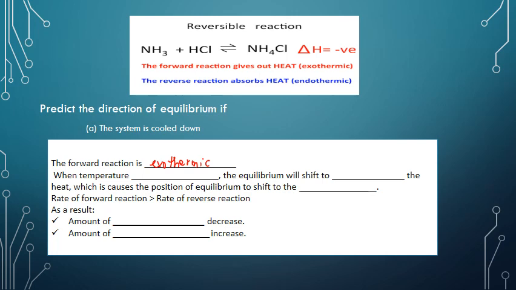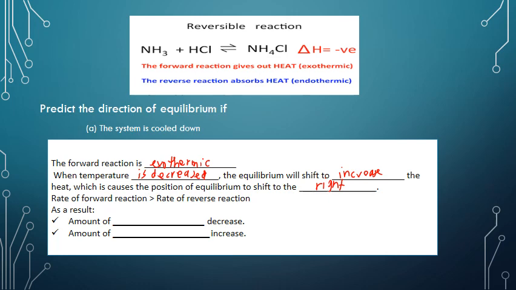So, when the temperature is decreased, the equilibrium will shift to increase the temperature ataupun increase the heat, which causes the position of equilibrium to shift to the right. Sebab apa kita shift to the right? Sebab kita tahu kalau kita shift to the right, heat is released. Okay, so kita dapat reducekan kita punya coldness.